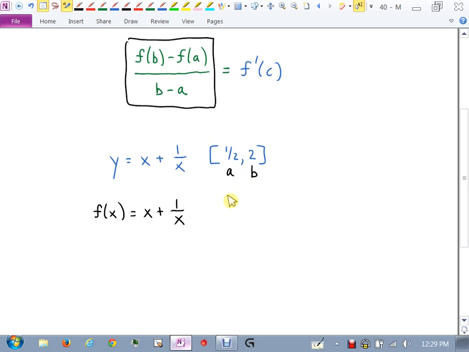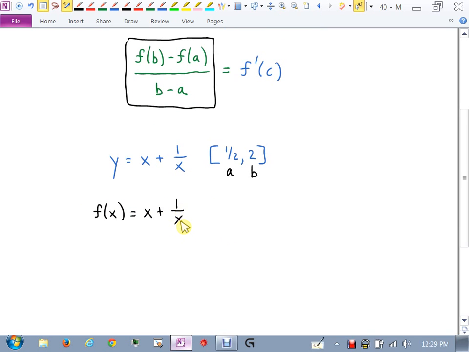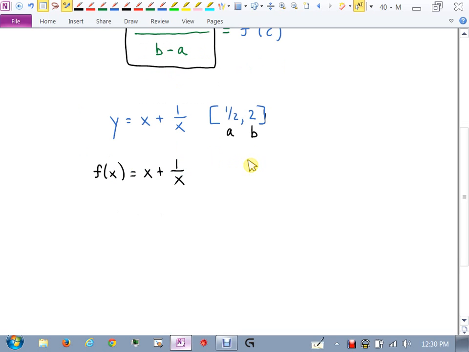We're also supposed to check that this function is continuous on the closed interval, or else the mean value theorem doesn't work. We don't have to worry about that because this is defined everywhere except 0, and our interval doesn't have 0 in it. I'm not going to try and trick you and give you one that doesn't work, okay? But I'm just pointing out that you would have to look at that condition.